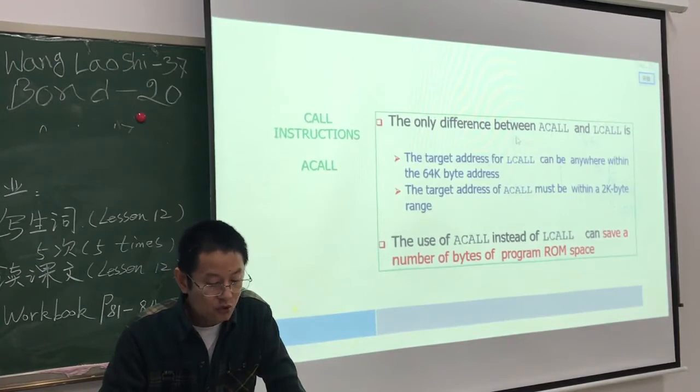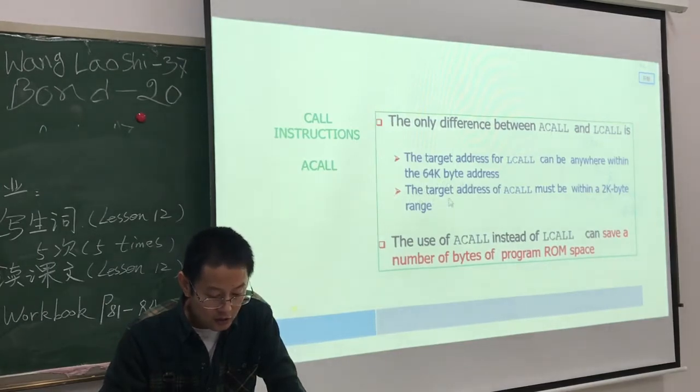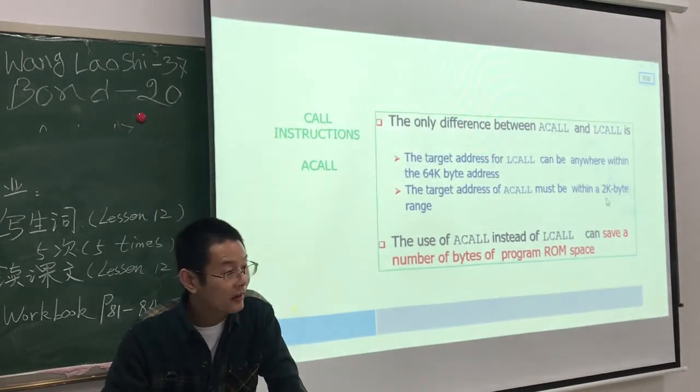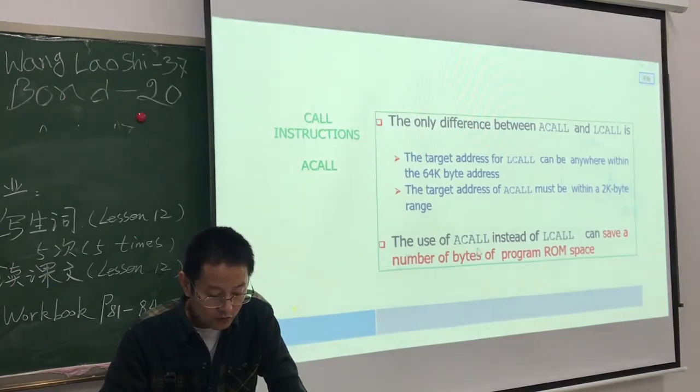The difference between ACALL and LCALL is that the target address for LCALL can be anywhere within the 64K. The target address of ACALL is within 2K. LCALL is 64K. ACALL is 2K. The use of ACALL instead of LCALL can save a number of bytes of program ROM space.